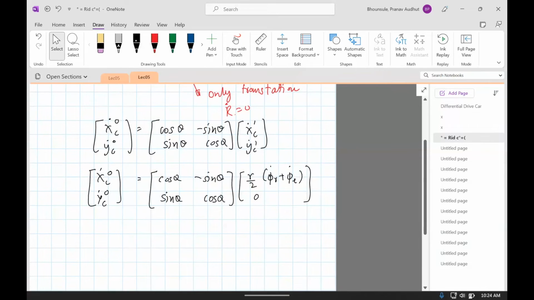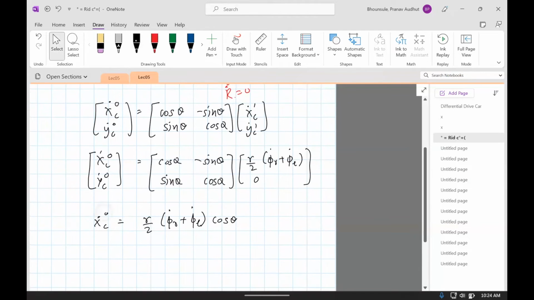Then it's a straightforward thing to multiply those two matrices together. So we can write a formula: x dot c is r divided by 2 times phi dot r plus phi dot l, times cosine theta, and y dot c in frame 0 is r divided by 2 times phi dot r plus phi dot l, times sine theta.